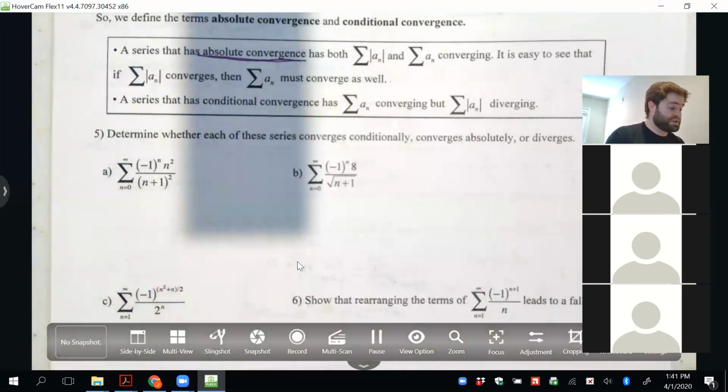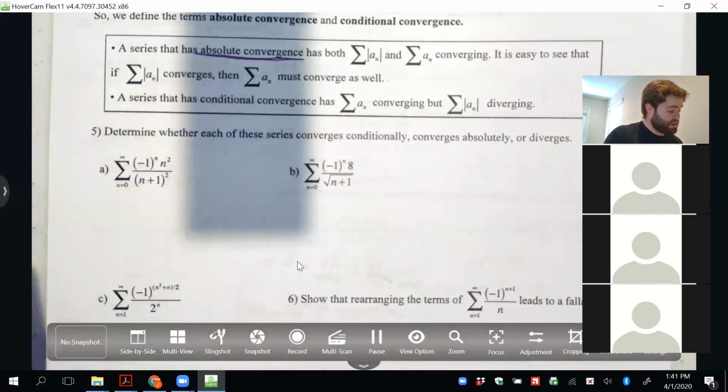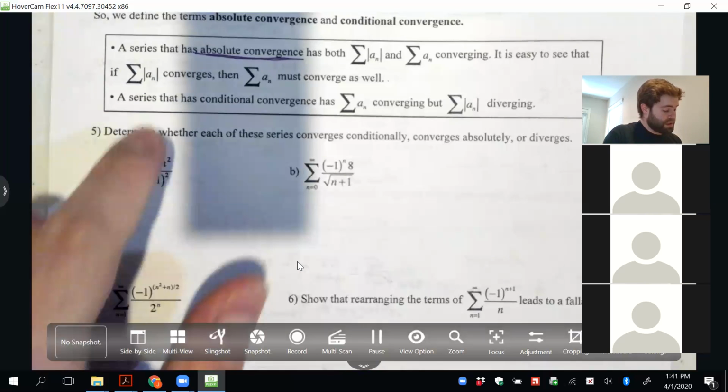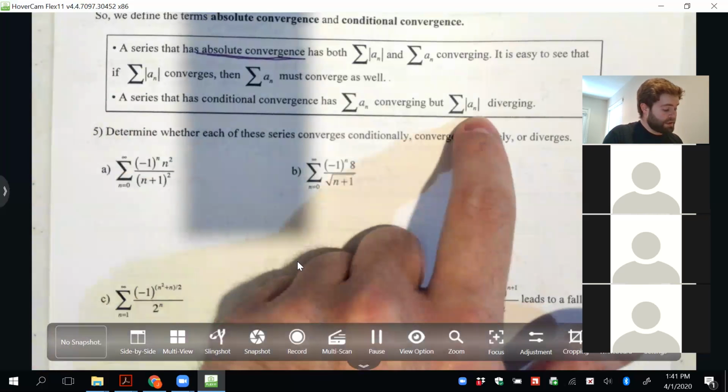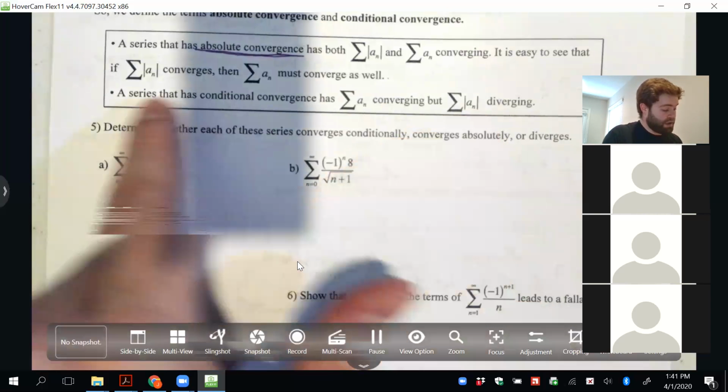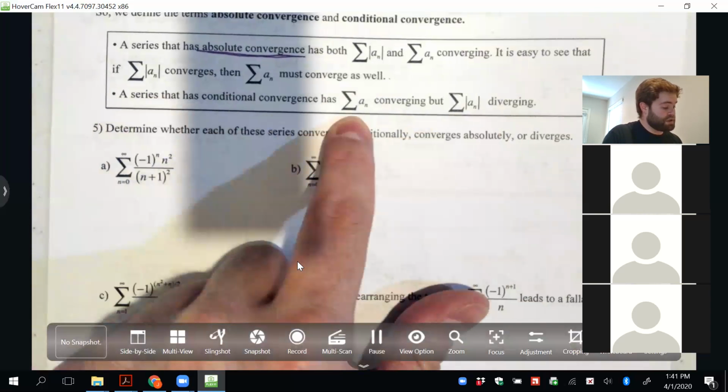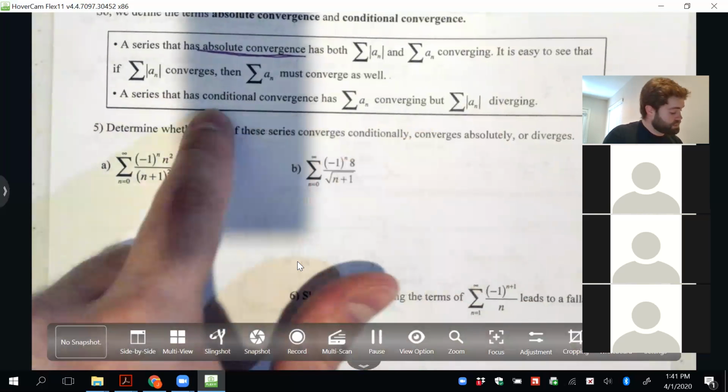So if it converges by alternating series test and converges without the negatives, then it would be absolutely convergent. If it does not converge without the negatives and only converges by alternating series test, that's only conditionally convergent.